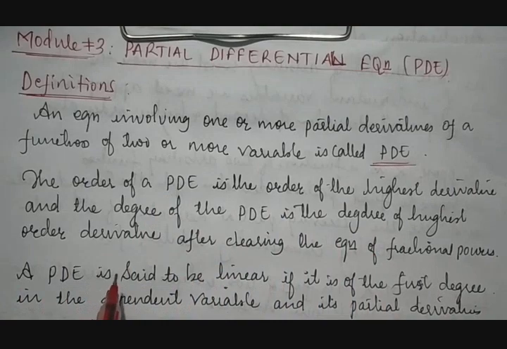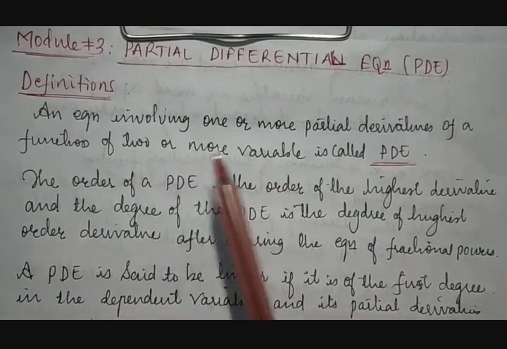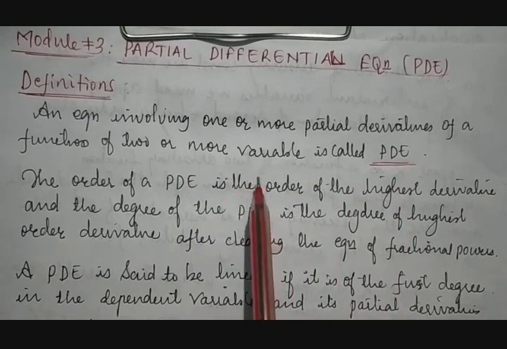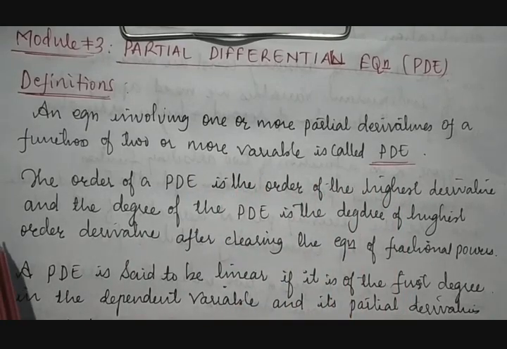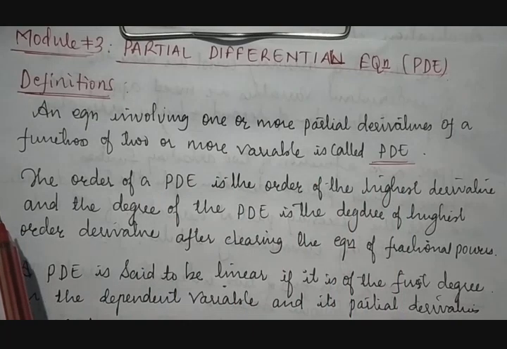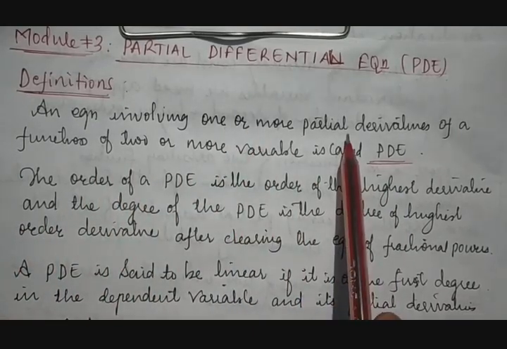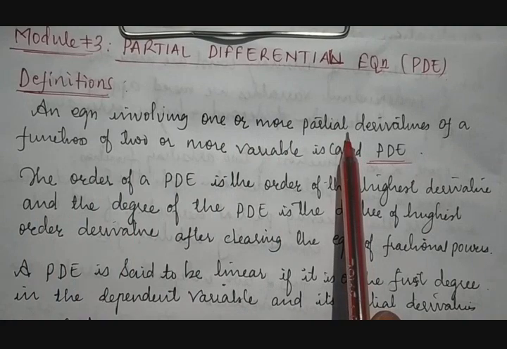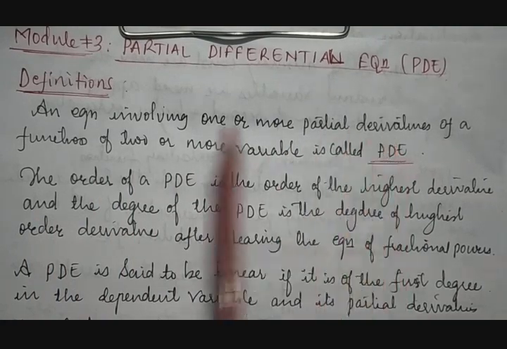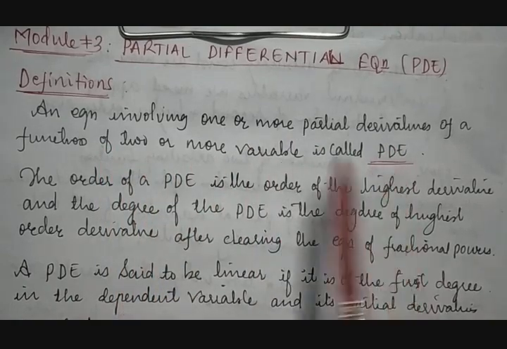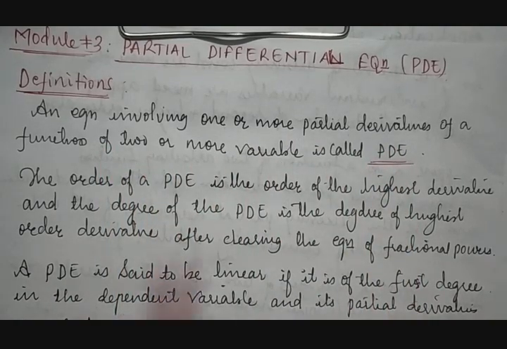Everybody knows that is ODE. The difference between ODE and PDE is what? Where in the equation there is a single variable, that is an ordinary differential equation. If there are one or more partial derivatives in a function of two or more variables, that is called a partial differential equation.